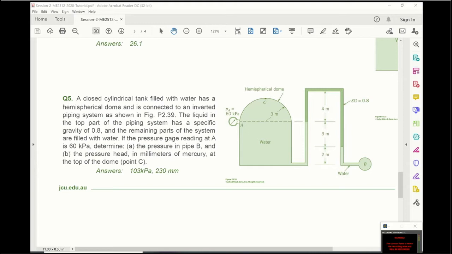You just need to use rho g h, but you need to practice enough to see where to start writing the question. For this question, you need to start from the easiest point. Point A is the easiest because you actually have the pressure there. Start from there. If you start from C, you don't know. That's the secret. For now, just find the pressure at point B.